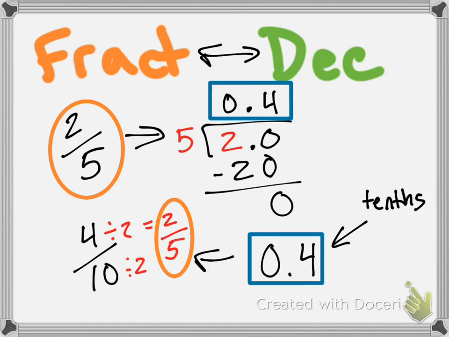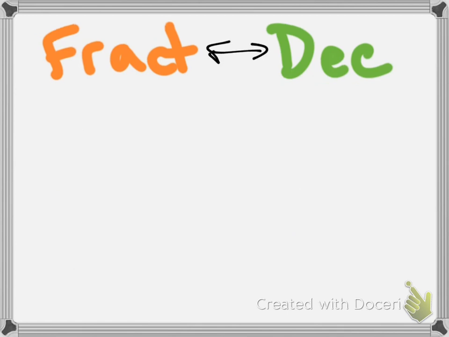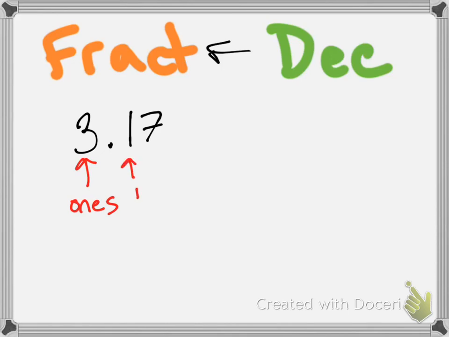So what if I had a different example? Again, let's say I'm doing a decimal to a fraction. I've got my decimal 3.17, which you could say as 3 and 17 hundredths. We care about the place value, but which place value do we care about? This place value is our ones. This one, as we saw before, is our tenths.